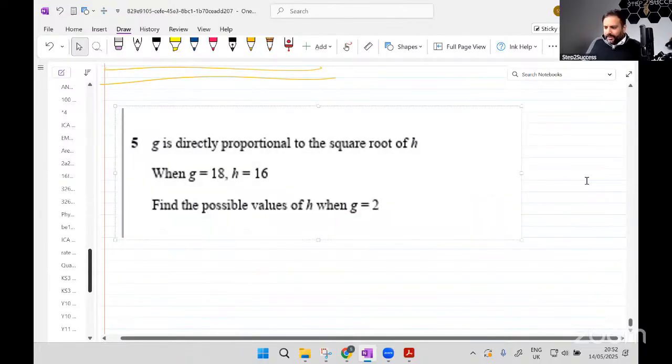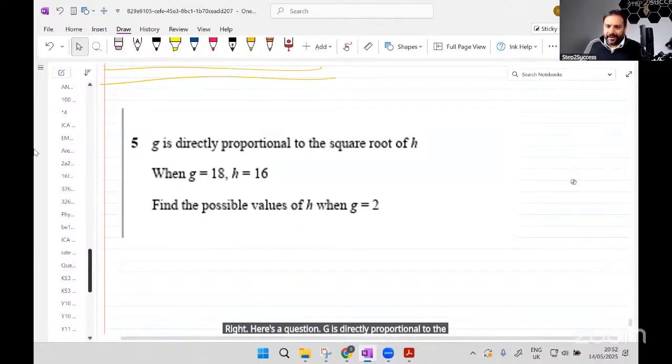Right, here's a question. G is directly proportional to the square root of H.